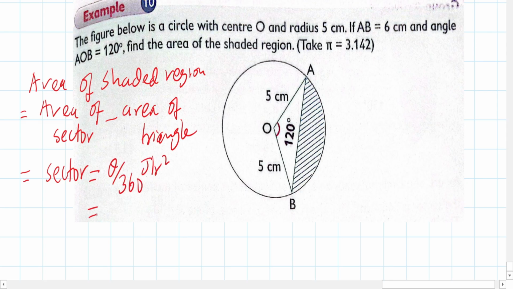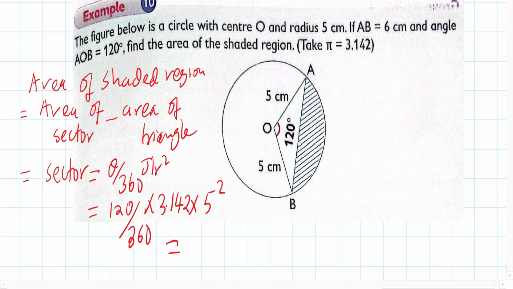So our theta is basically 120 over 360 times 3.142 times 5 squared. And let's see how much it gives us. So 120 over 360 times 3.142 times 5 squared is going to give us 26.18 centimeters square. That's the area of a sector.